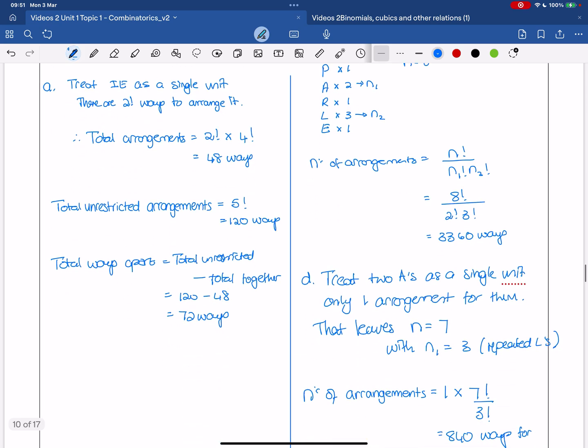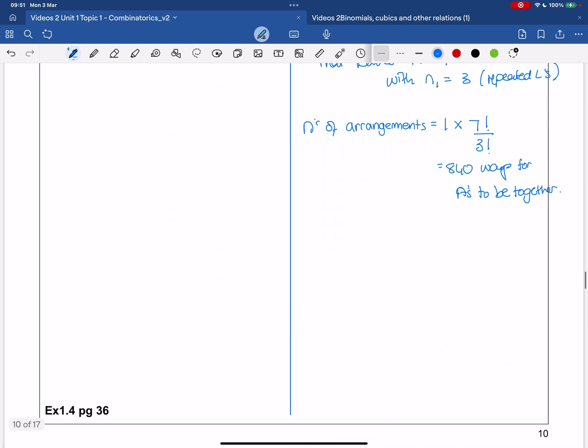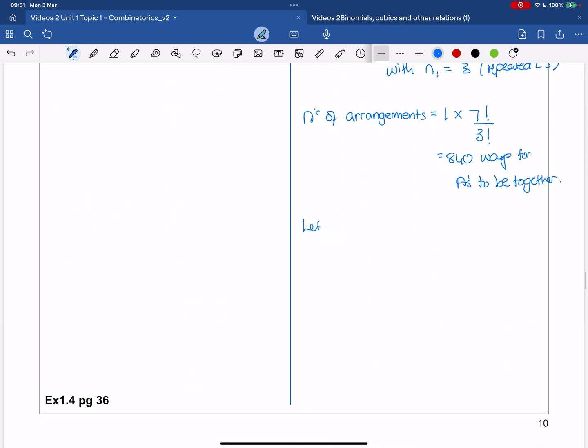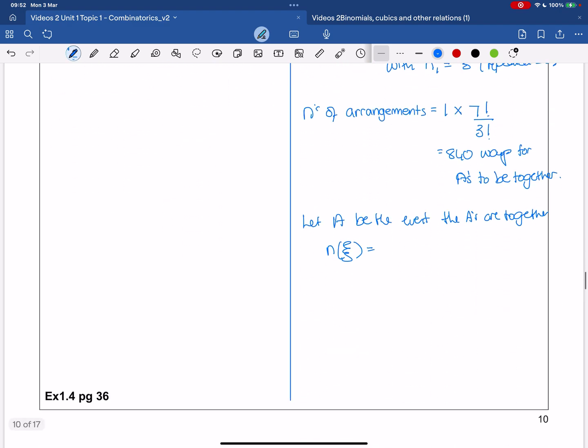Now that's just my number of ways, and it was asking me for a probability. Luckily I know my total number of ways, so let A be the event the A's are together, and I know that my number in my sample space was 3360, and my number in A was 840.